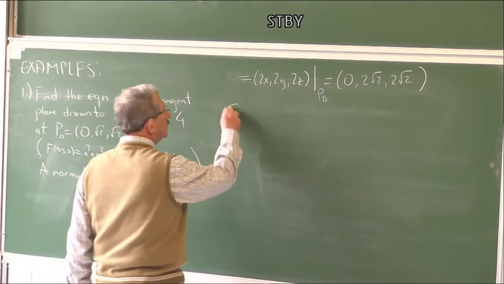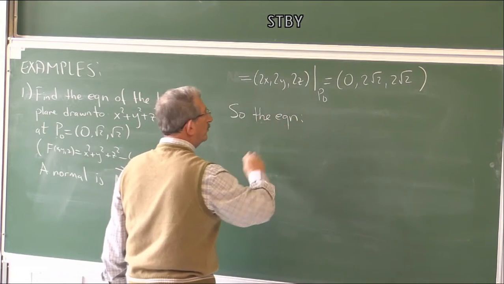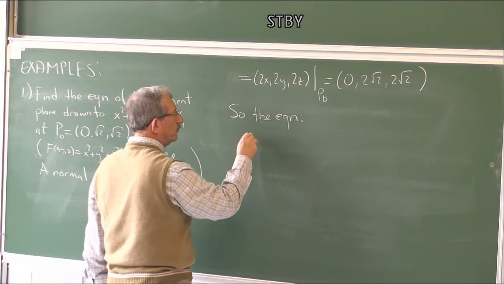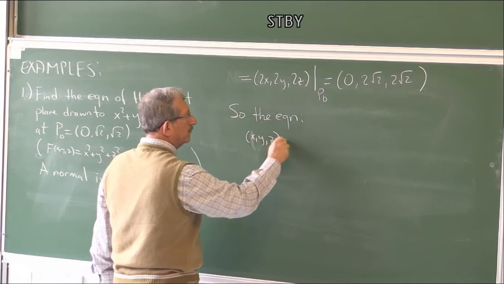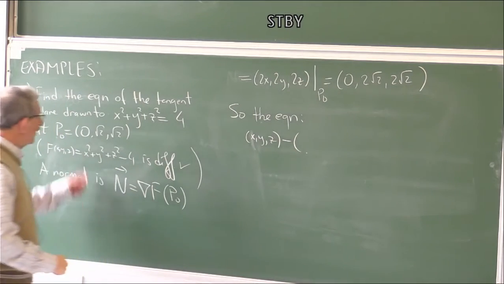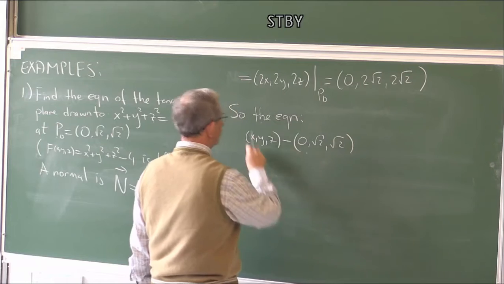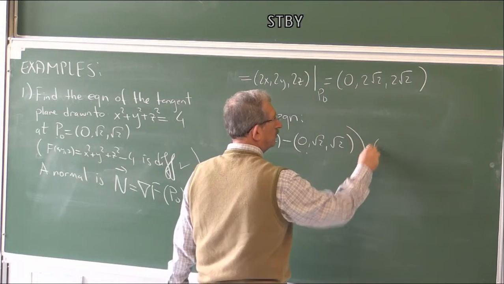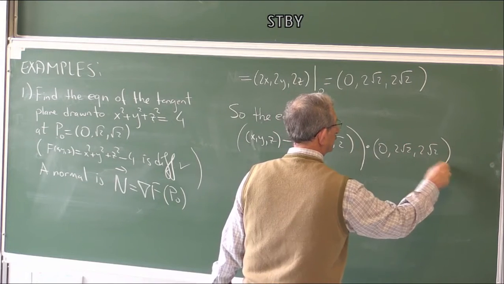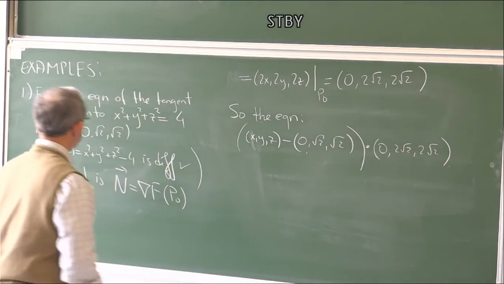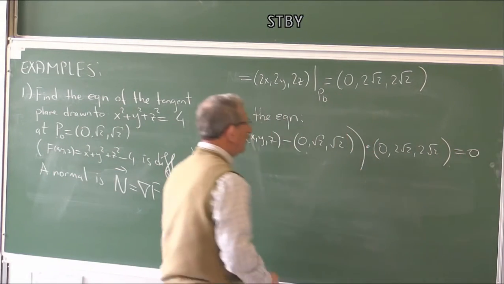So the equation would be p minus p0, that is, let me write it in explicit formulation, p minus p0, that is 0, root 2, root 2, dot 0, 2 root 2, 2 root 2. This should be 0. Now what does that mean?